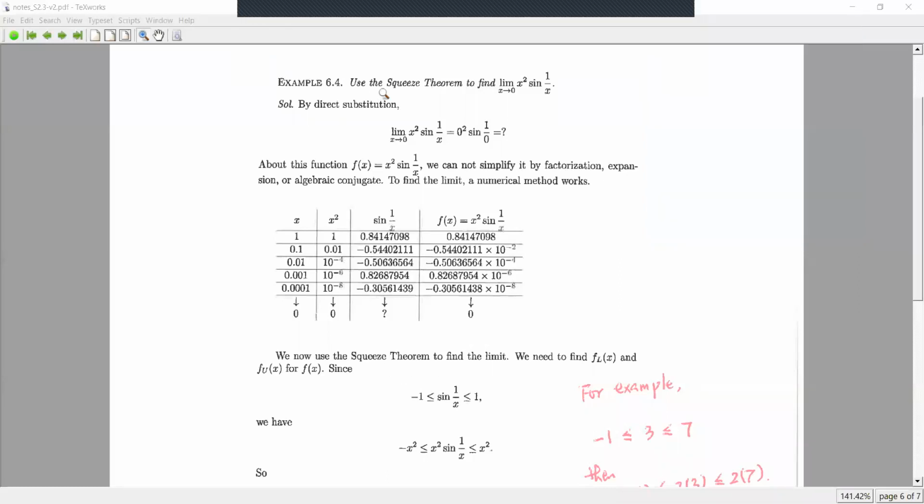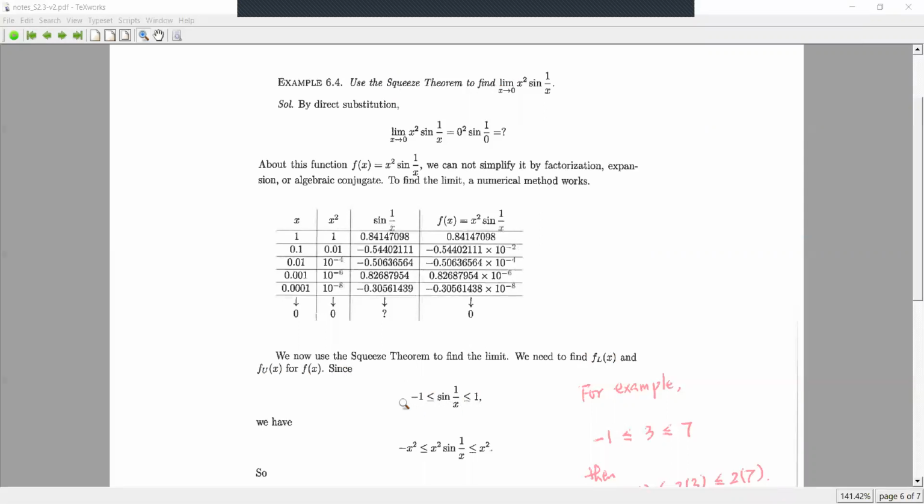This example requires using the squeeze theorem to find the limit, not a table. To use the squeeze theorem, we need to find a lower function and an upper function for the function f. Since sine of anything is always between -1 and +1, we have these two inequalities.